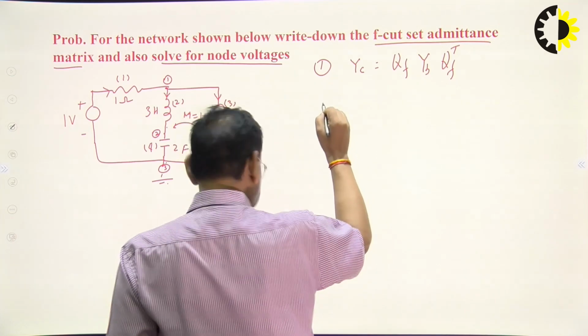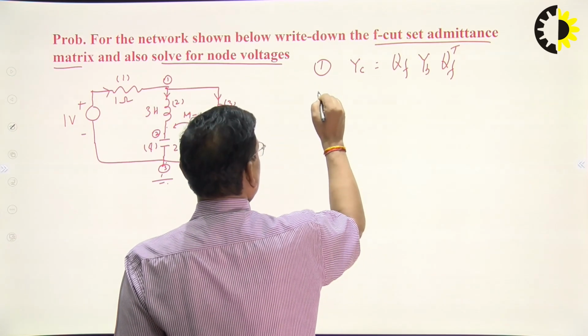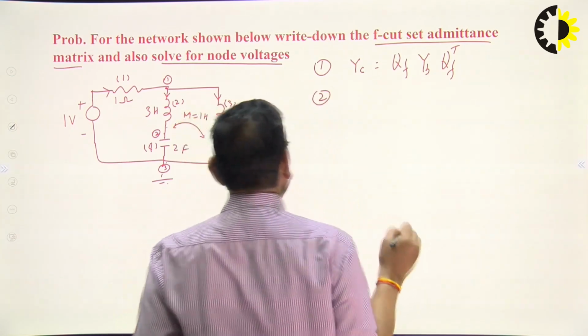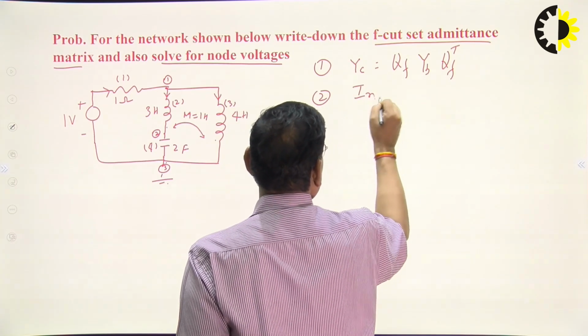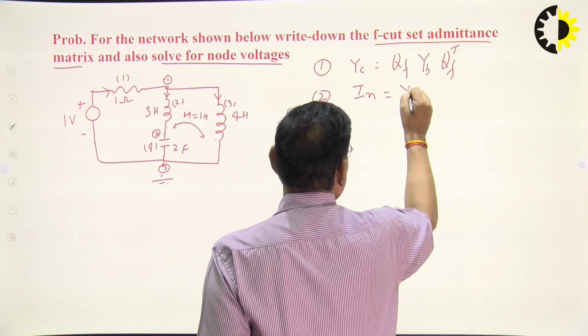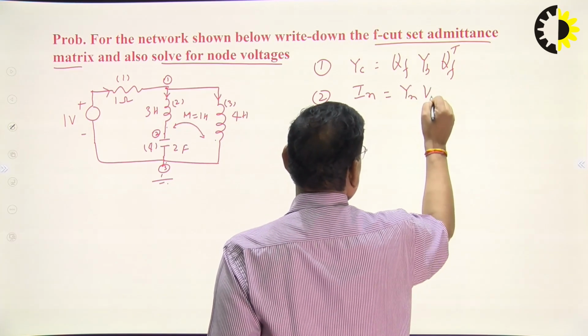And the second is to solve for the node voltages. So, you have to find this equilibrium equation: IN is YN VN.